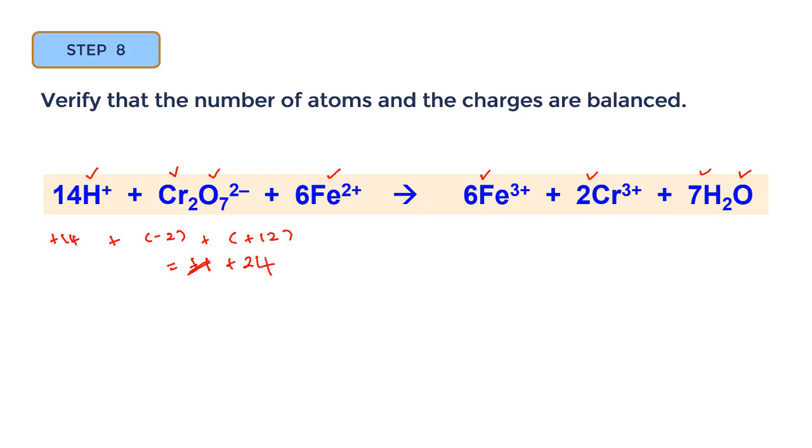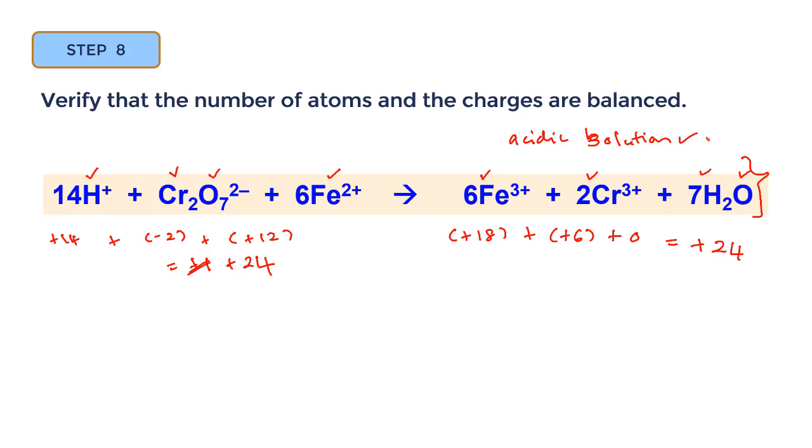So now check the total charges at the right side. 6 times positive 3 equals positive 18, plus 2 times positive 3 equals positive 6, plus water, the charge is 0. So positive 18 plus positive 6 equals positive 24. So this is the balanced equation for a redox equation in acidic medium, for a redox reaction which occurs in acidic solution.